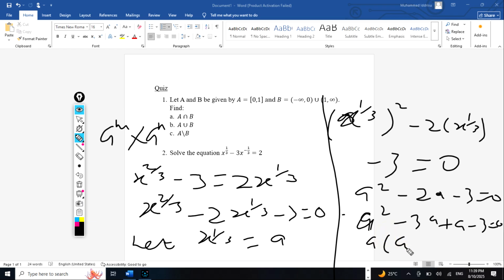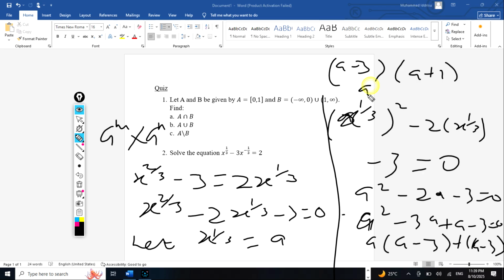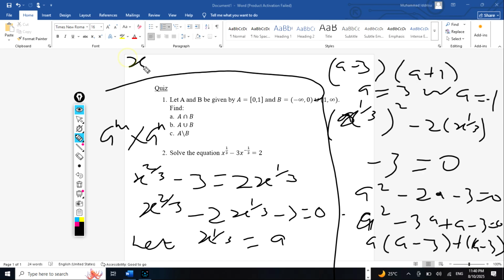A minus 3 plus 1a minus 3, so we have a minus 3, a plus 1, so a is equal to 3, or our a is what, negative 1. So it's either x to the power 1 over 3 is equal to negative 1, or is what, it's 3.